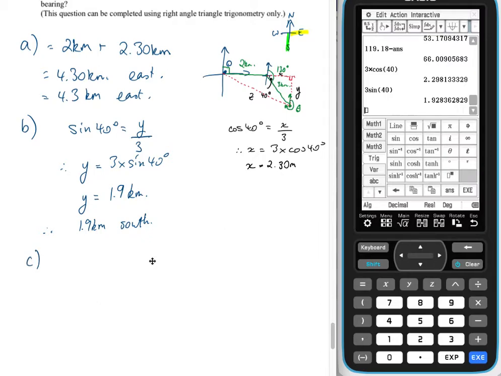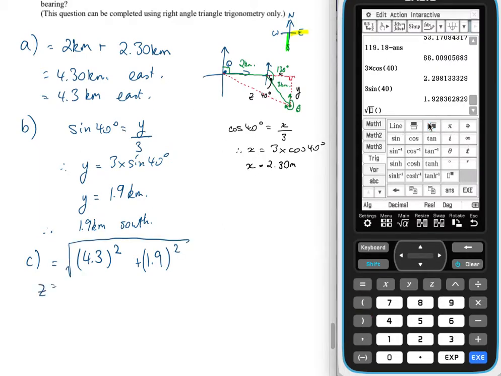We know that the first side length is 4.3 squared, which is how far he went east, from part A, plus 1.9 squared, take the square root, will equal z. So let's plug that in.